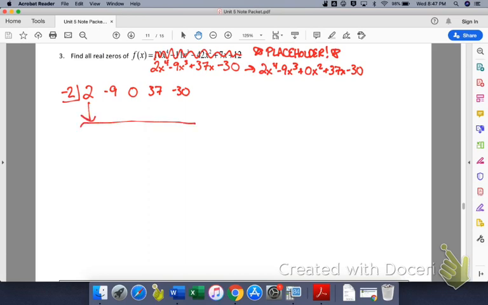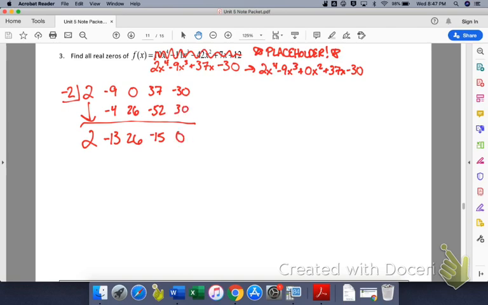So we're going to go ahead once again and do our synthetic division process. We pull down the first number, multiply by what's in the box, add the column. We multiply by what's in the box, add the column. We multiply by what's in the box, add the column. Multiply by what's in the box, add the column. And guess what?